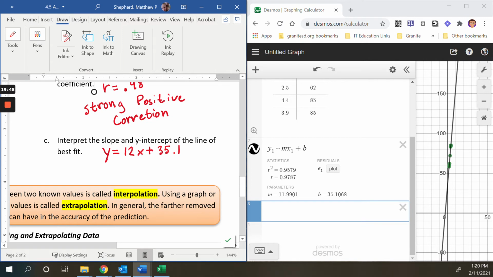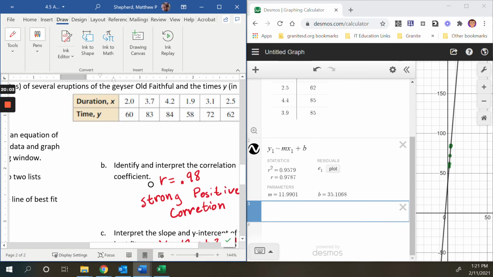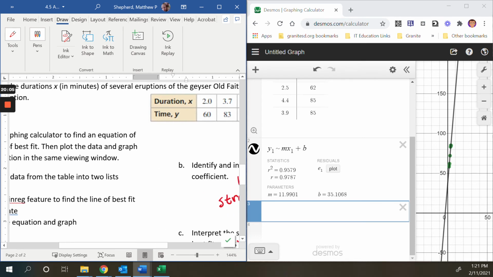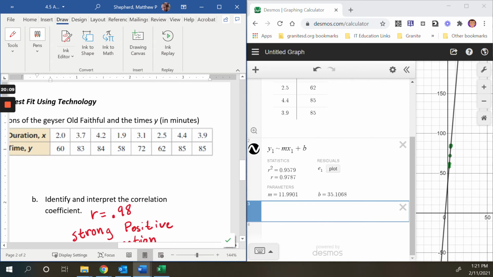Now we're ready to interpret it. First, the slope. The slope was a 12. I like to have it as a fraction, so we've got the y over x, so I'm just putting a 1 under it. The y values were time, and this was time in minutes.